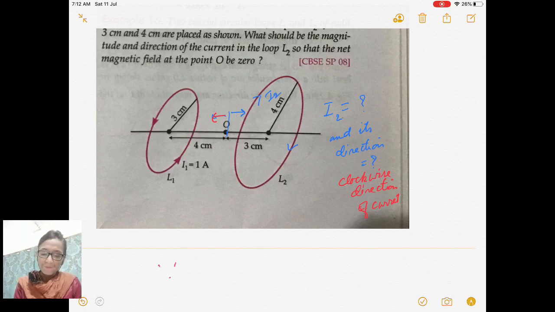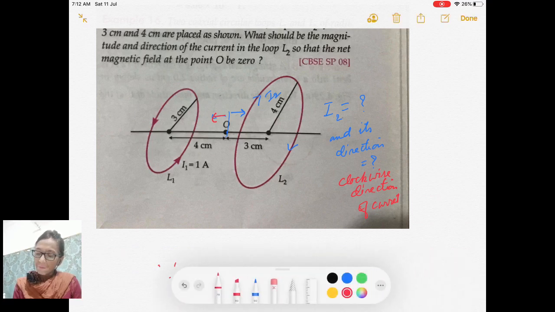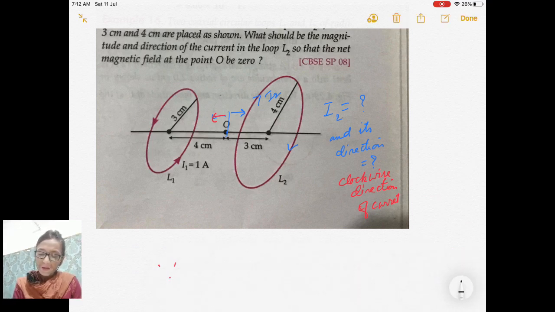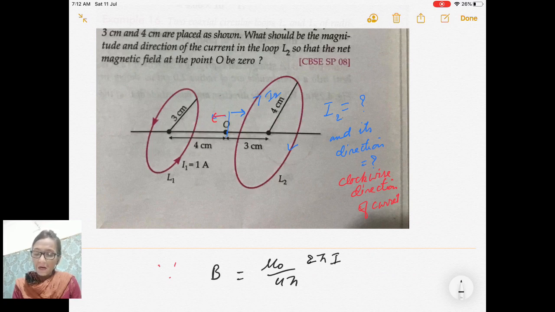So we know that the magnetic field at an axial point is equal to mu naught upon 4 pi, 2 pi I r square upon r square plus x square, whole to the power 3 by 2, where r is the radius and x is the distance.